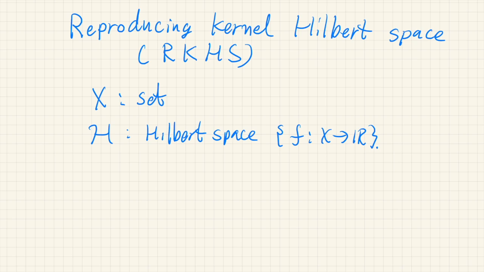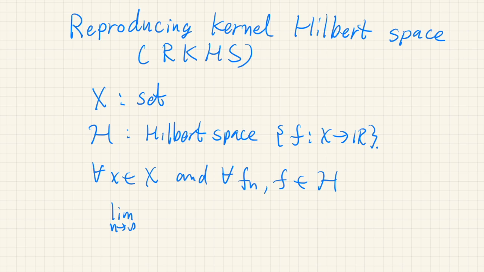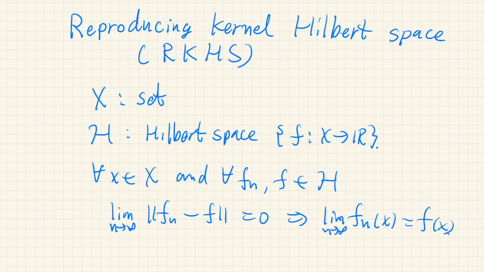And we assume H, this Hilbert space, satisfies the following condition. That is, for any x in X and any sequence of functions fn and f in the Hilbert space, if the limit of n going to infinity of ‖fn − f‖ is 0, so this functional sequence converges to f, then the limit of fn(x) is equal to f(x).